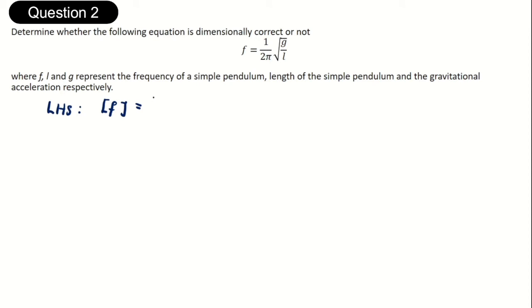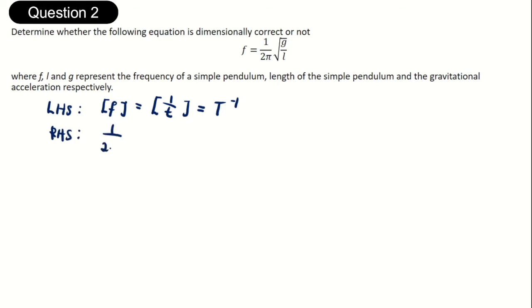Frequency can be expressed as 1 over t, or 1 over period. This 1 over period can be expressed as capital letter T to the power of negative 1. That is the dimension on the left hand side.